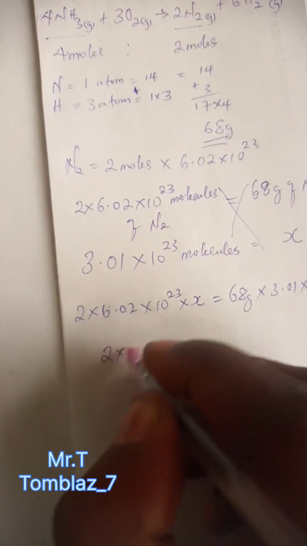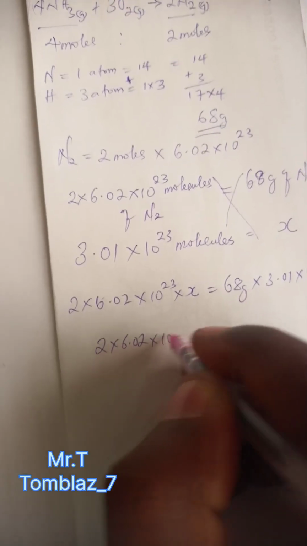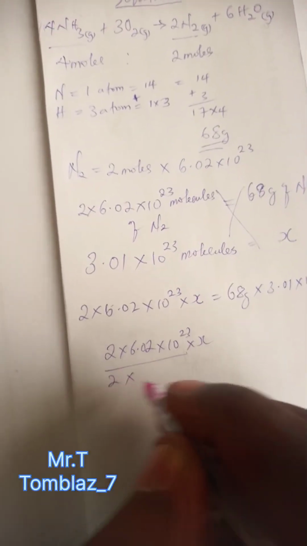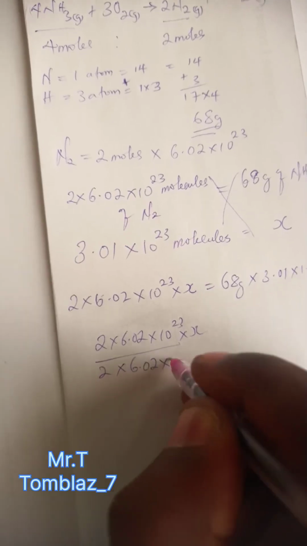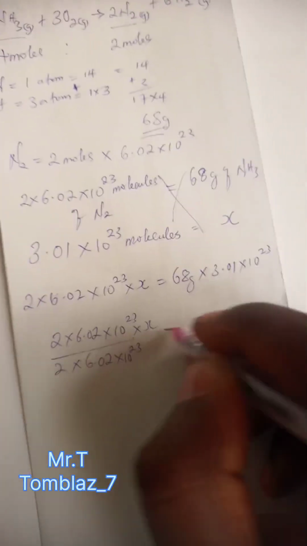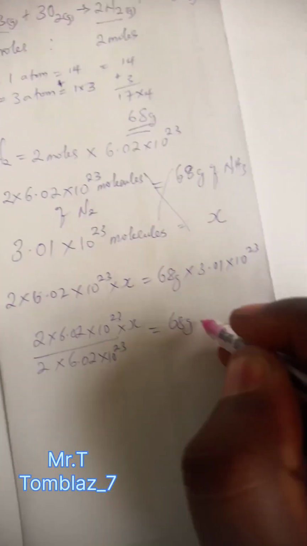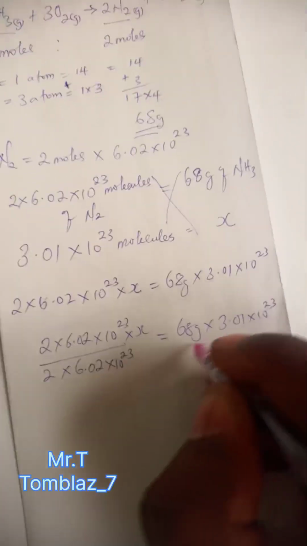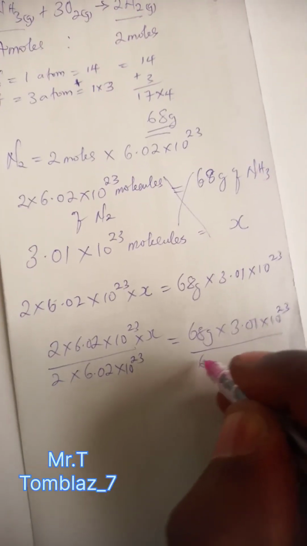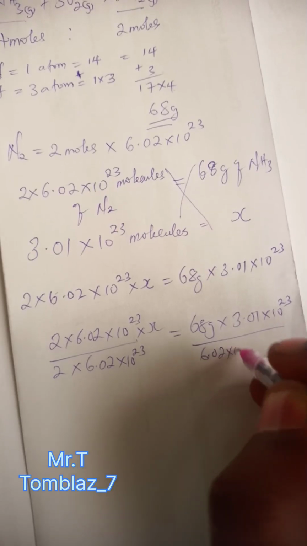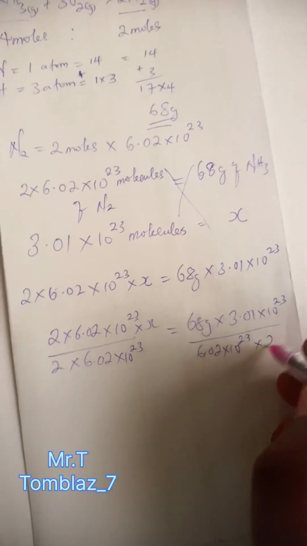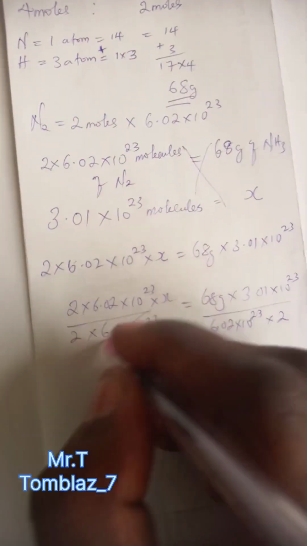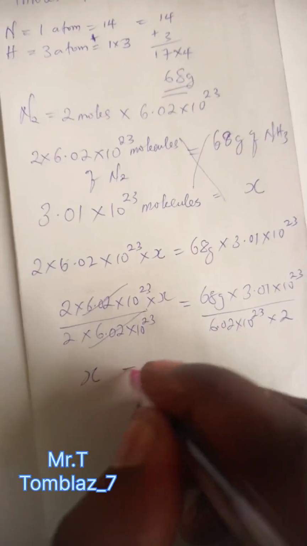So we have 2 times 6.02 times 10 raised to power 23 times x divided by 2 times 6.02 times 10 raised to power 23 is equal to 68 grams times 3.01 times 10 raised to power 23 divided by 6.02 times 10 raised to power 23 times 2. Okay, so this will cancel this, and then we're left with x, right?